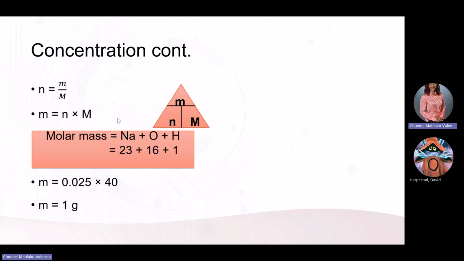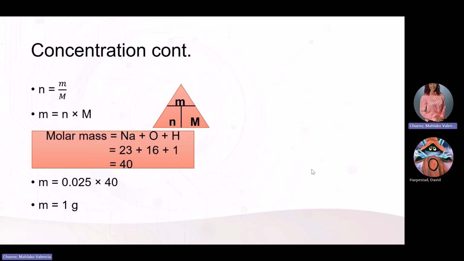The molar mass of sodium is 23, the molar mass of oxygen is 16, and the molar mass of hydrogen is 1. 23 plus 16 plus 1 gives us 40, and that is how we got to that 40. When we multiply it with the number of moles, we get our mass, which is 1 gram.